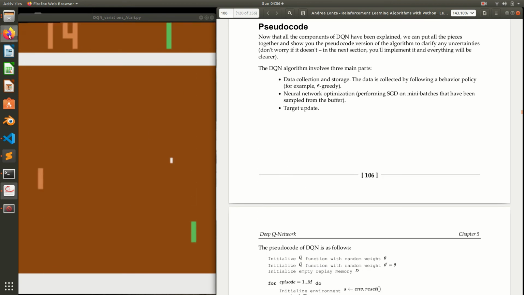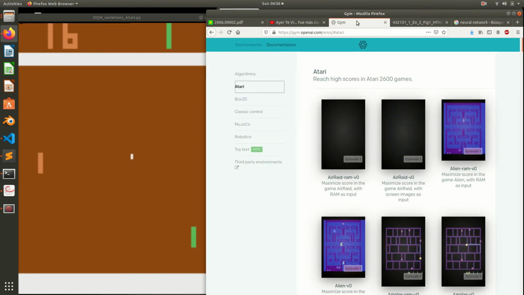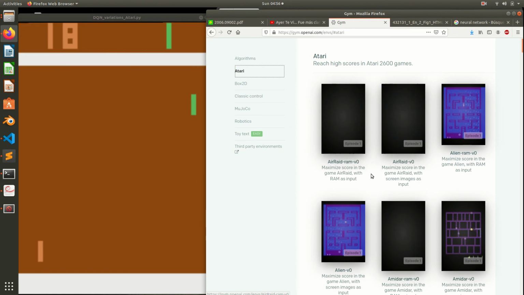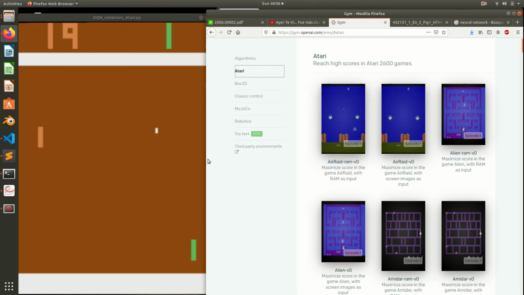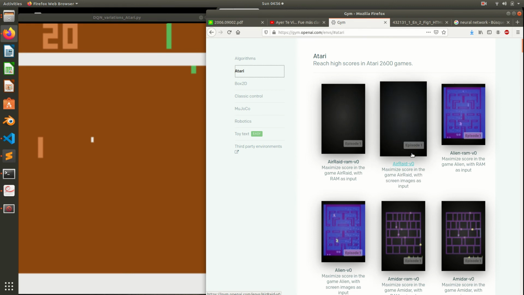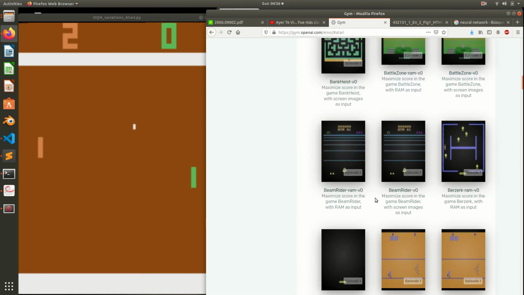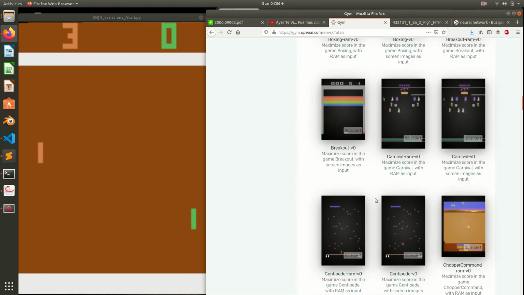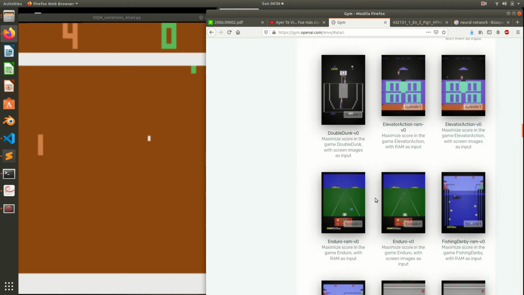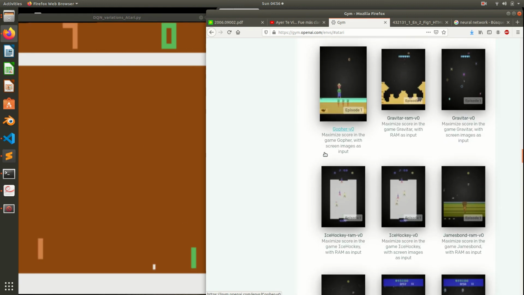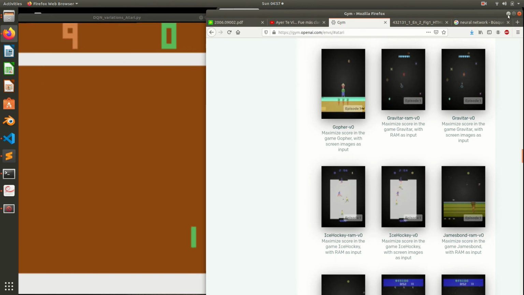Because we have in the environments in Gym, for instance, some video games that are easy to solve for some algorithms, but when we try to solve problems like this kind of video game, double dunk or whatever, some are more complex than the others.